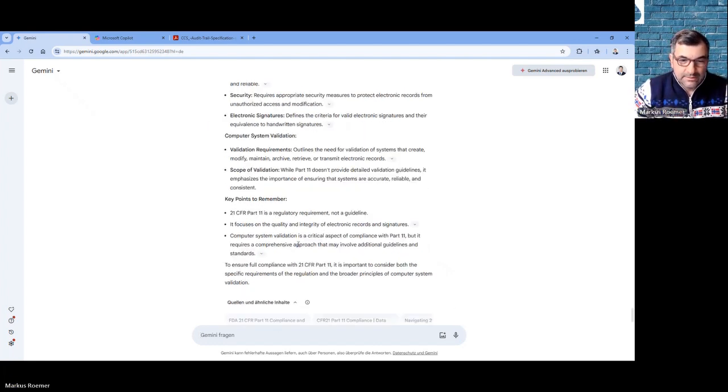Okay. So where is in CGMP computer system validation required, referenced?